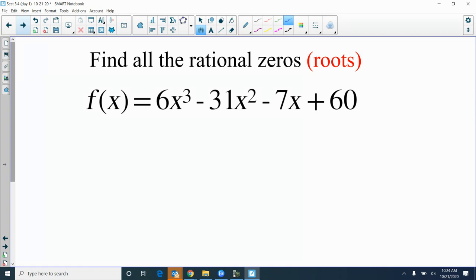So somewhere between there, it has to cross over what? X-axis. Okay, so we know there's got to be a root between 0 and 2. What theorem is that? Obviously, it's the intermediate value theorem. Of course, right?